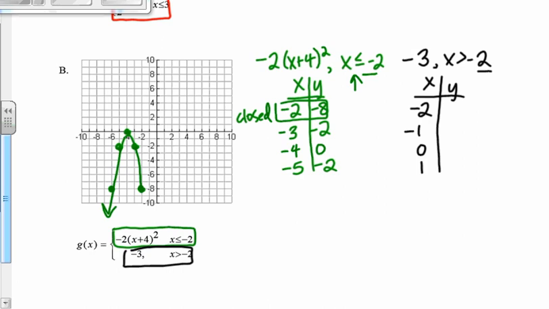So this is kind of an interesting equation because the equation is just -3. There's no x to plug a value into. So I'm going to go ahead and say the output will always be -3. And that's always the case if you don't have an x, it's whatever the value is. Thinking about this top point, if it's open or closed, it is going to be open since that inequality does not have an equal to part to it. So we have (-2, -3), and it's an open point.